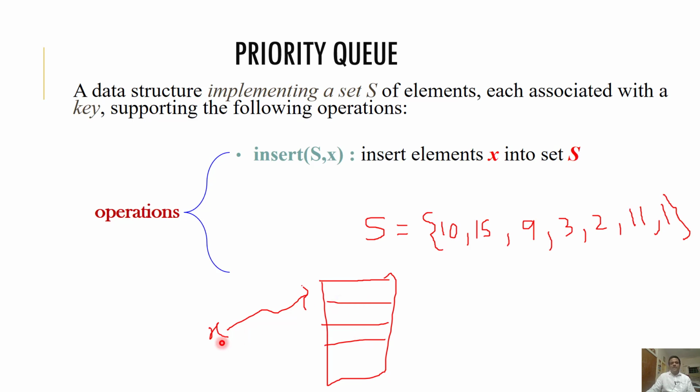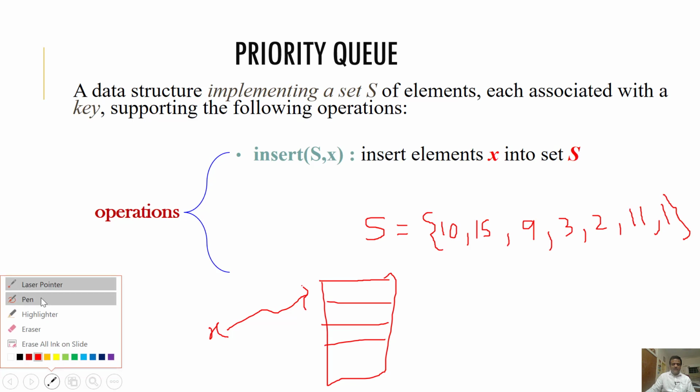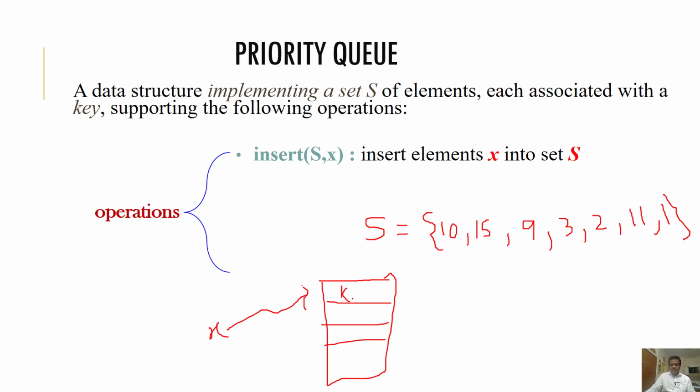Basically we have some records. If you relate this to a database problem, each record is associated with some value. This field is the key field, key of X. Among these, one field we consider to be the key.